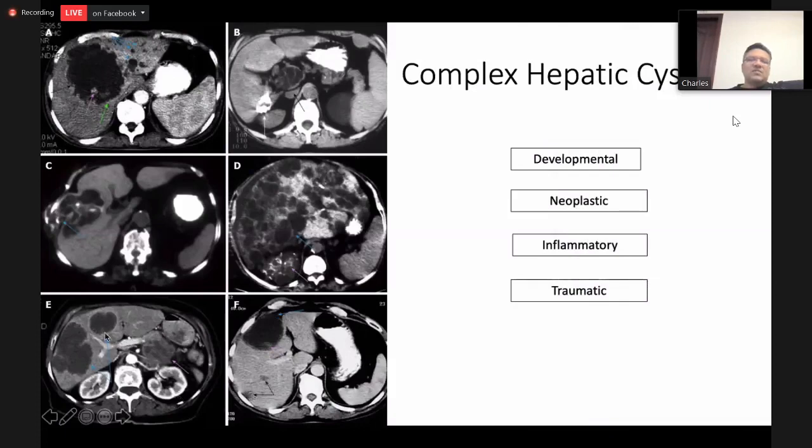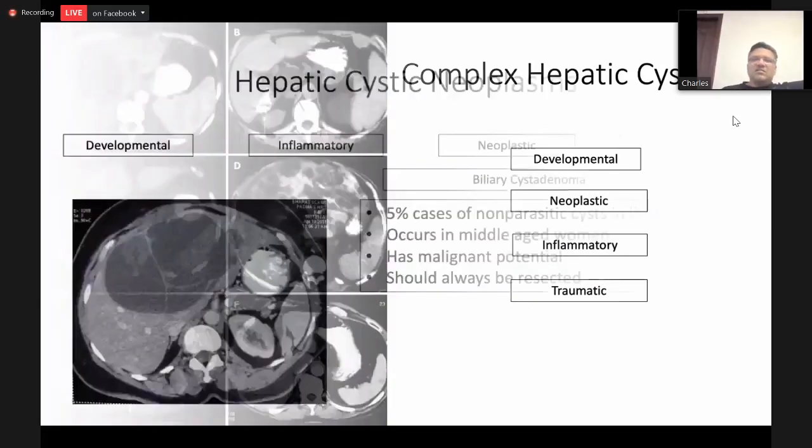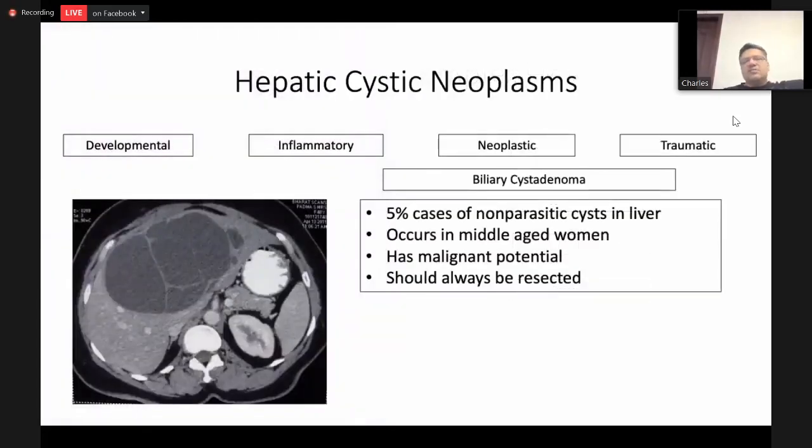So when you see a complex cyst, one of the differential diagnoses will be a biliary cystadenoma, and you always do a resection. You don't aspirate or biopsy a biliary cystadenoma. Always do a complete resection because of the risk of progressing to a cystadenocarcinoma.